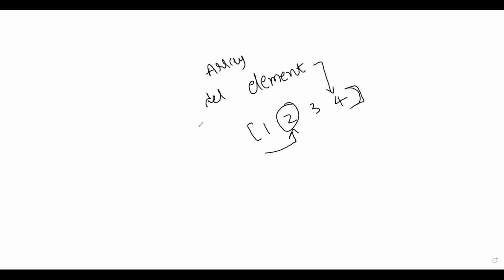I have to search for the element first. So it is nothing but searching and deleting. So it would be O of n. If I delete an element at the start, what would be the time and space complexity? Arvind, did you get why it is O of n?